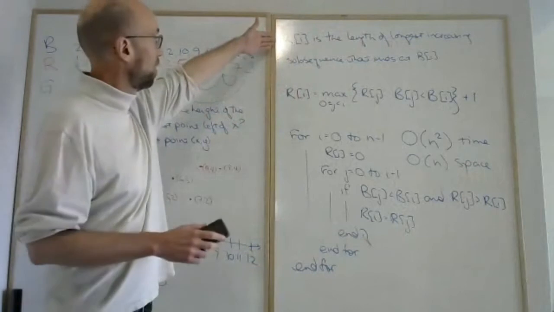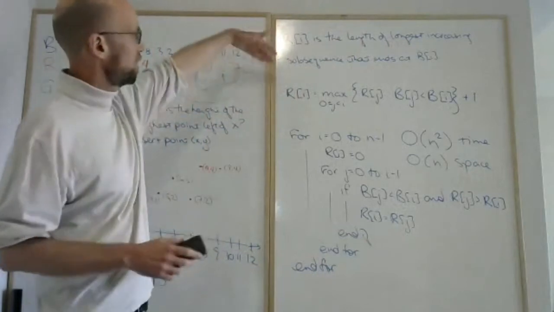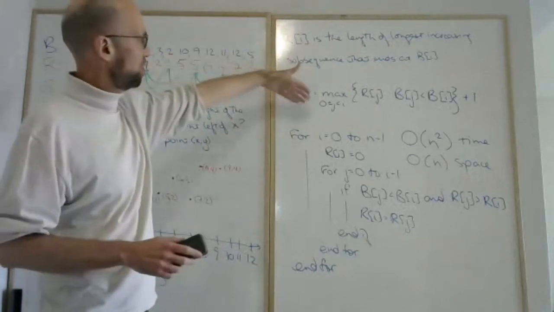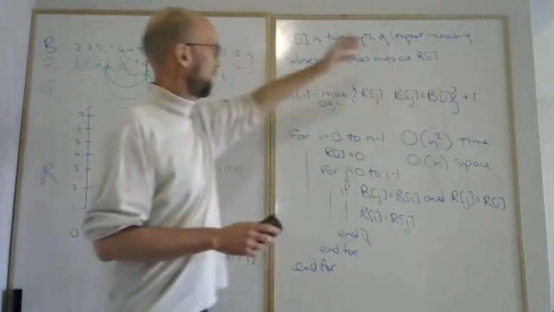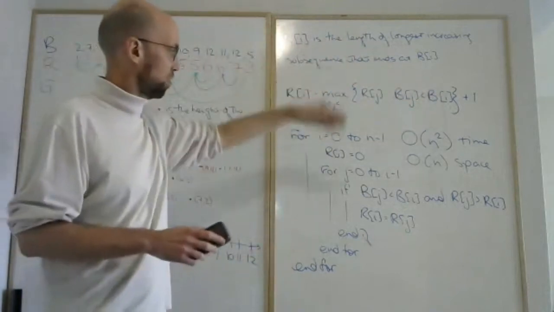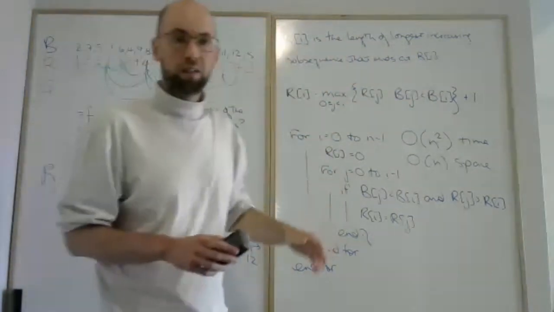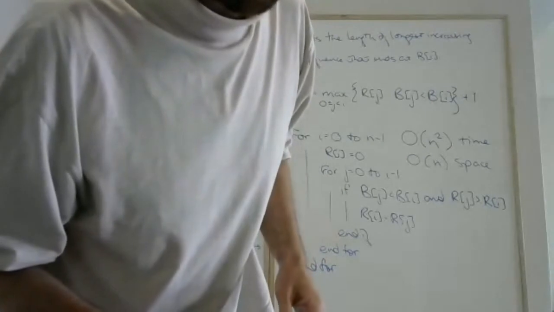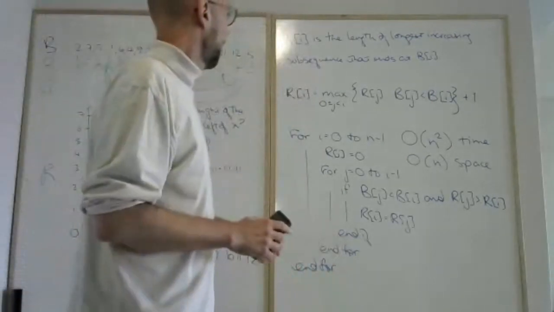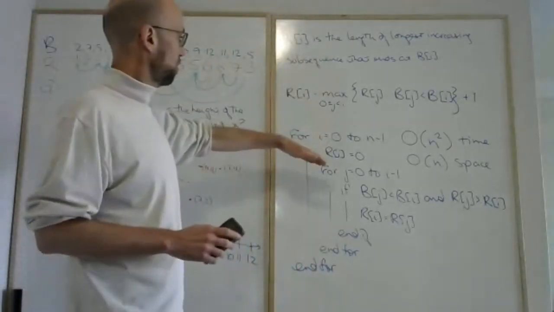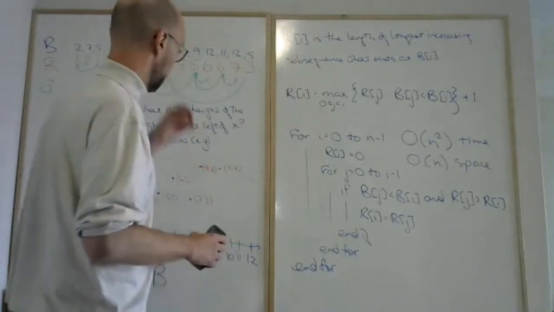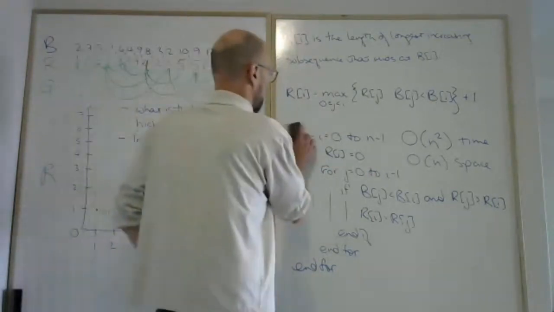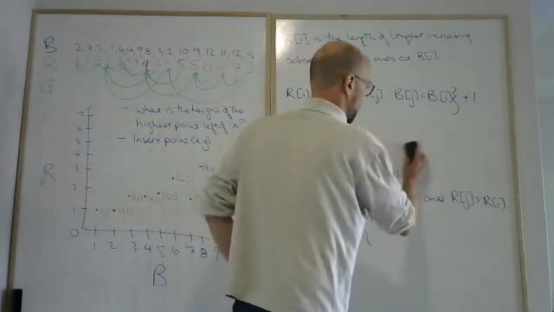So we still want to do RI, but we can remember what this means. This is the definition, and this is the slow way that we implemented it. But now we're going to forget about this.